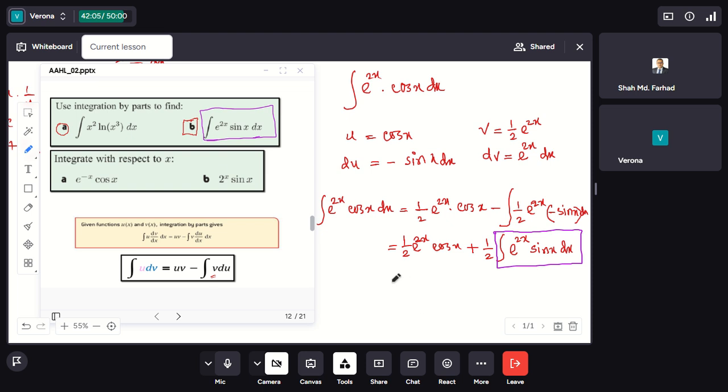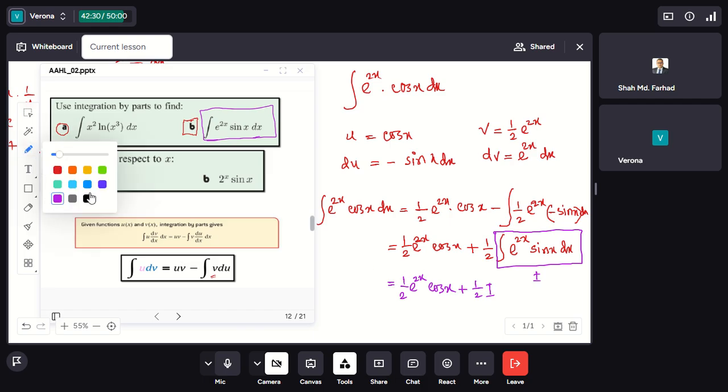So we let it be I, right? If we substitute I here, then we will have 1 over 2 e to the power 2x cosine x plus 1 over 2 I, that is the integral.